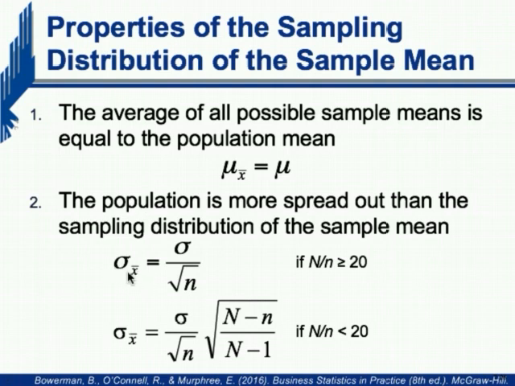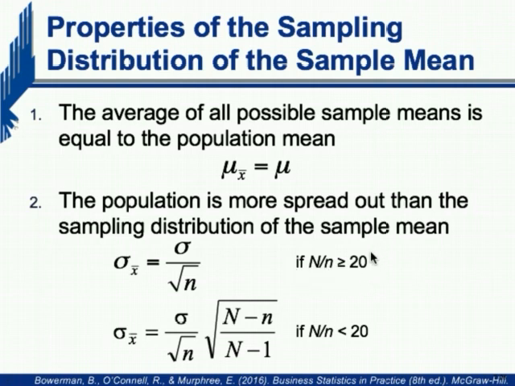And to compute for sigma sub x bar, that requires dividing the population standard deviation by the square root of n, which makes sigma sub x bar naturally lower than the value of sigma. Now, this is just one formula when computing for sigma sub x bar, and this is used only if capital N over small letter n is at least 20, or if the population is relatively huge compared to the sample size.